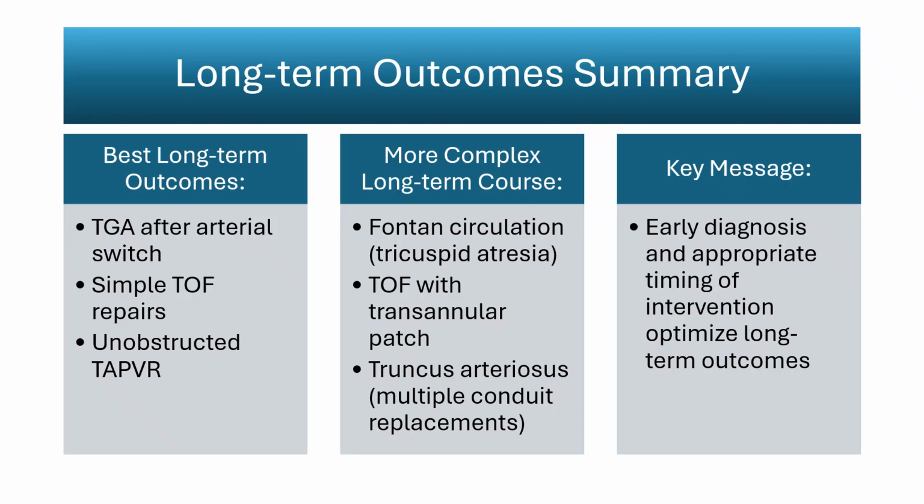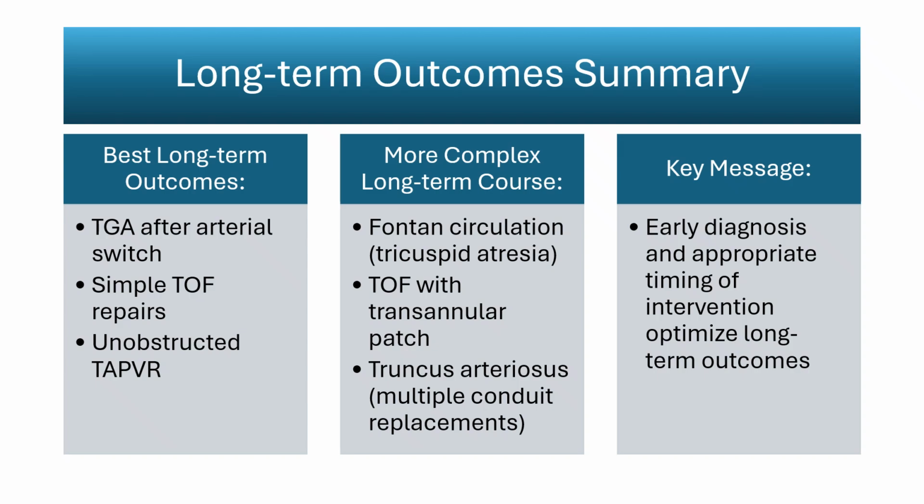Patients with Fontan circulation after tricuspid atresia require lifelong surveillance for arrhythmias, protein-losing enteropathy, and systemic venous hypertension. Those repaired with transannular patches for tetralogy often face progressive pulmonary regurgitation and eventual need for valve replacement. Children with truncus arteriosus require multiple conduit replacements over time as they grow, making repeat operations inevitable.